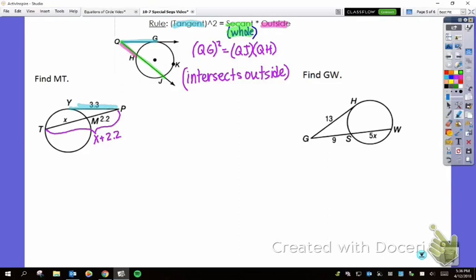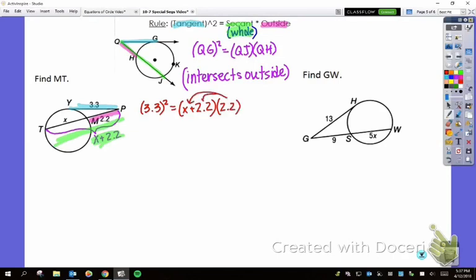Our whole secant is this whole thing, x plus 2.2. And our outside piece is just 2.2. So we say tangent squared, so 3.3 squared equals the whole thing, x plus 2.2, times the outside 2.2.